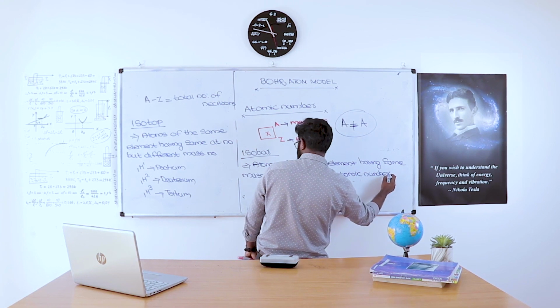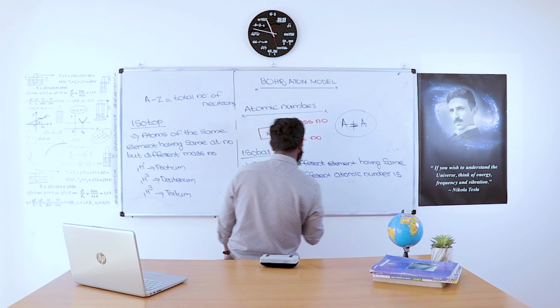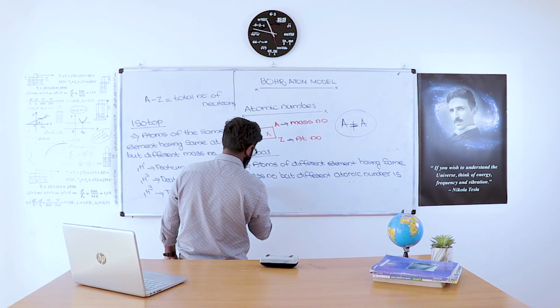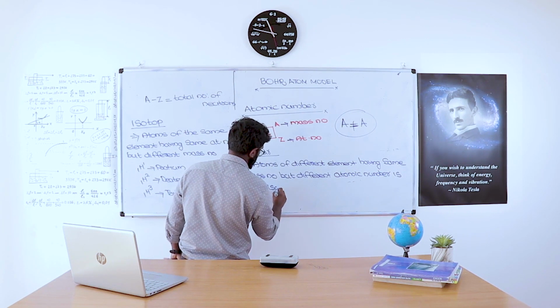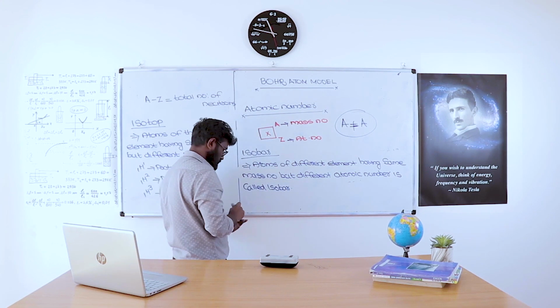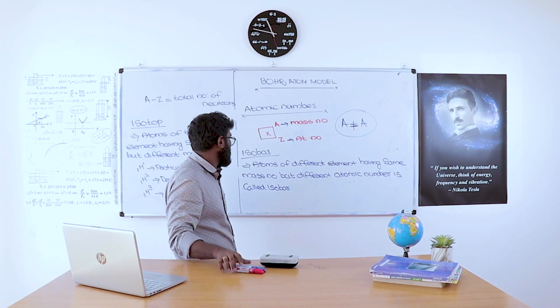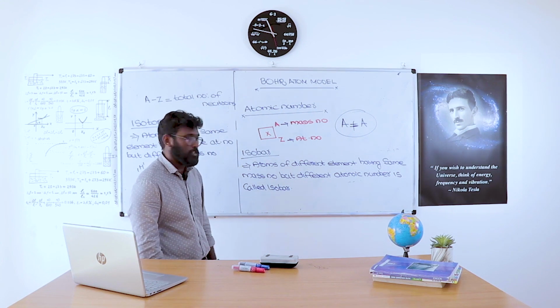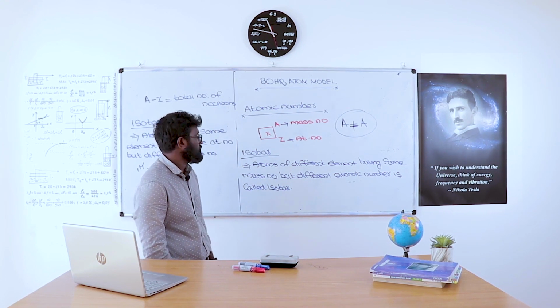Atoms of different elements having the same mass number but a different atomic number are called isobars.